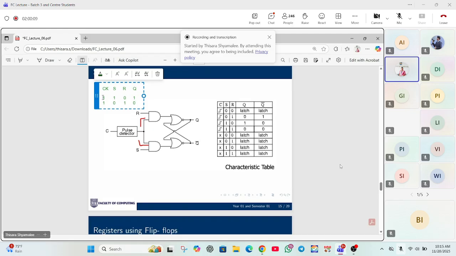Clock signal provided means it becomes 1.